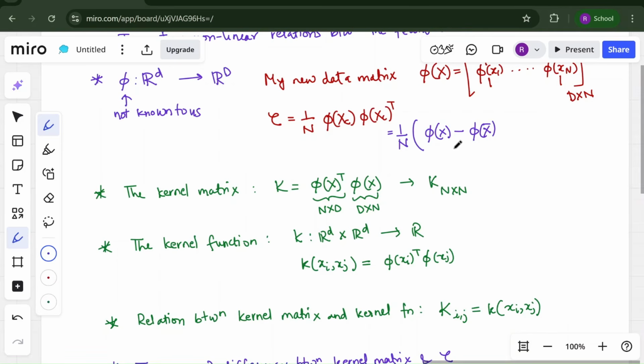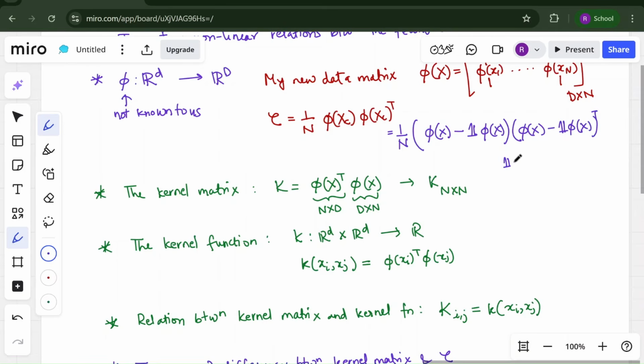So I can also write phi of x bar as phi x times I, and then phi xc as phi x minus phi x times I. Now what is this I?